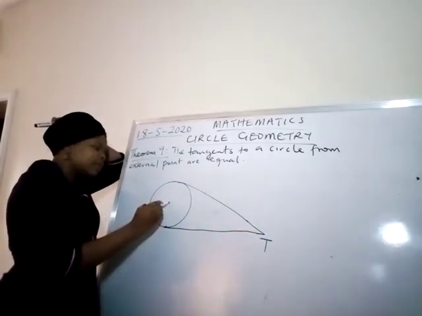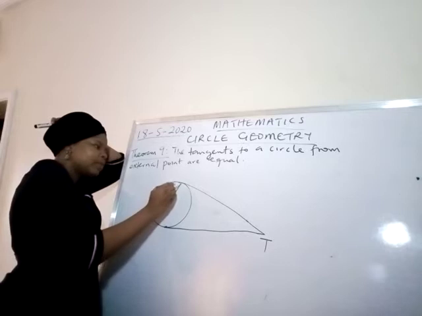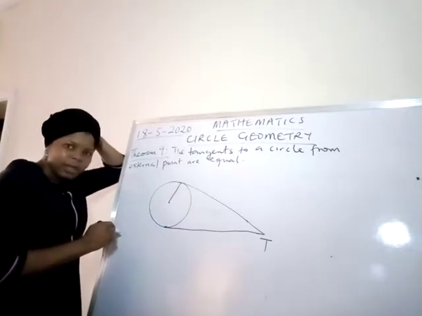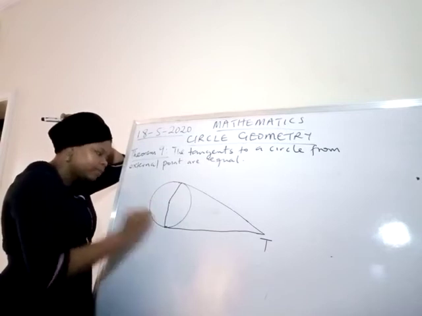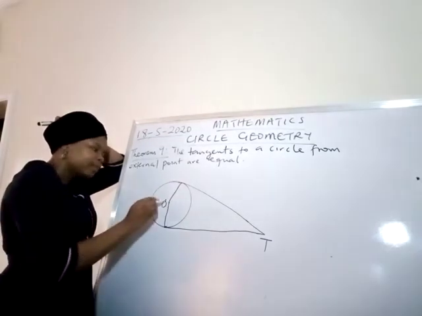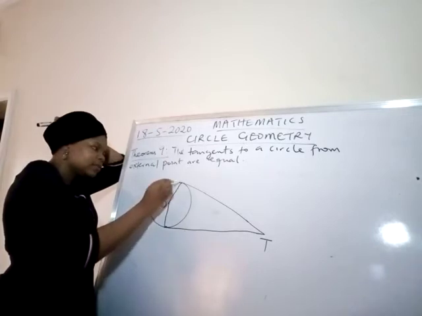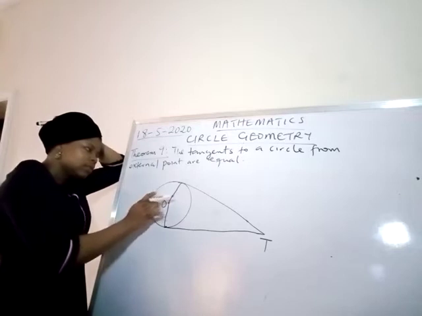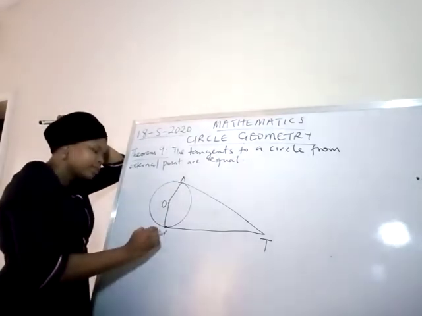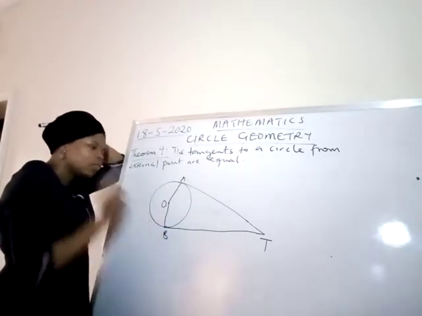Now, from the center of this circle to that point of contact on the circumference, and another one from here to here, I'm going to have the radius, that is from the center to circumference. You can see, let's say this is A and this is B. OA is equal to OB.